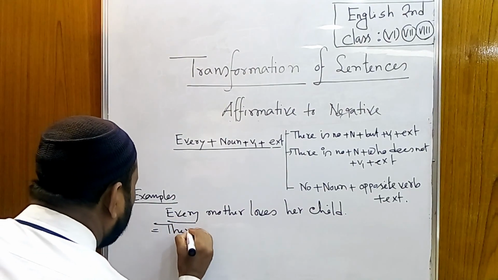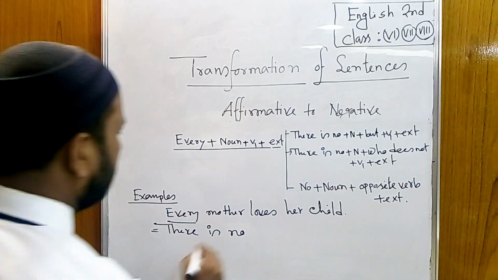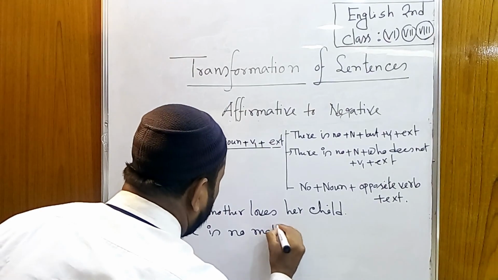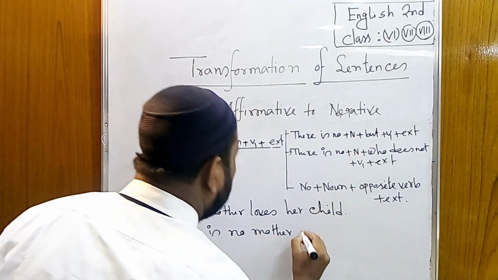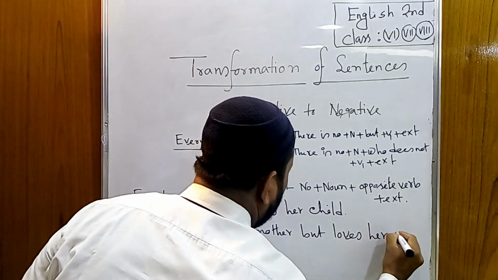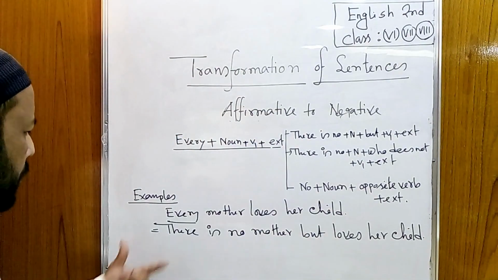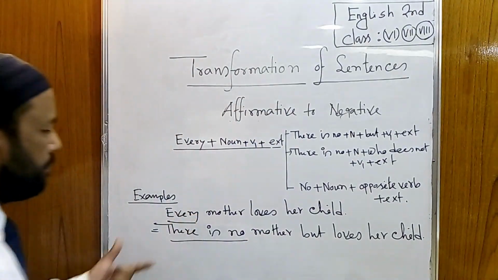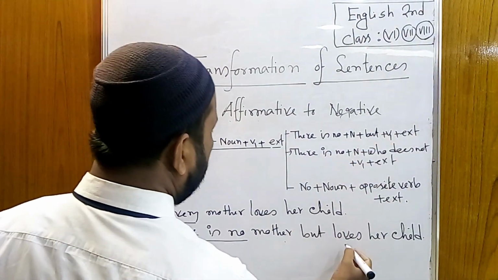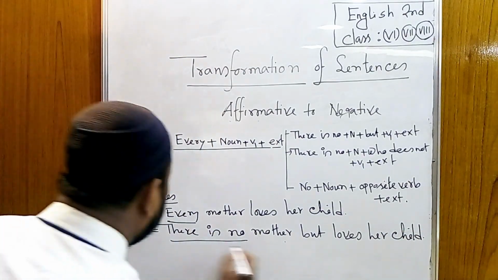There is no instead of every, then noun, that is mother, then but, verb, then extension. We use here there is no instead of every, then noun, then but and verb and the rest of the parts of this sentence.